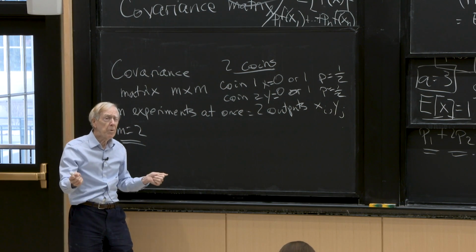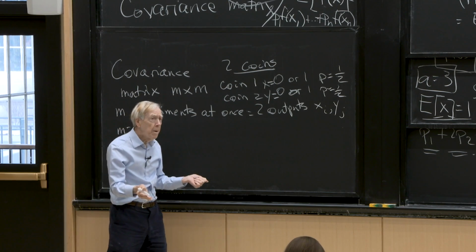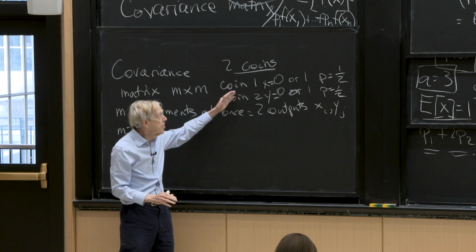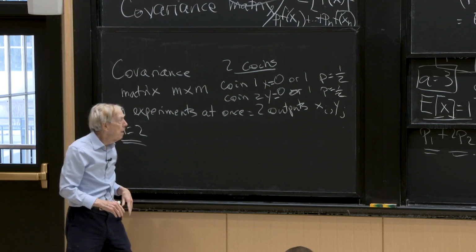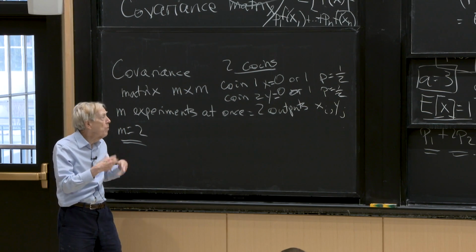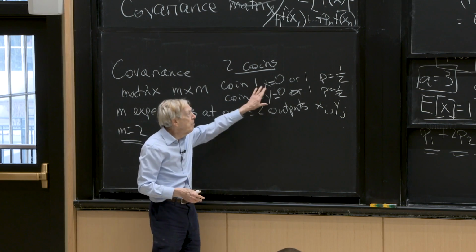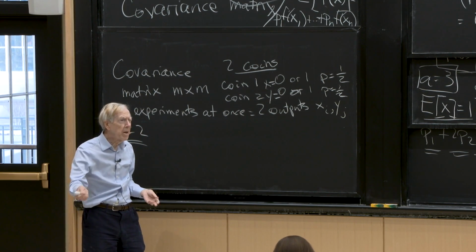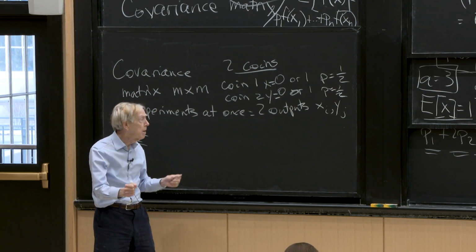If I flip 2 coins separately, quite independently, then I don't know more about y from knowing x. If I know the answer to one flip, it doesn't tell me anything about the second if they're independent.